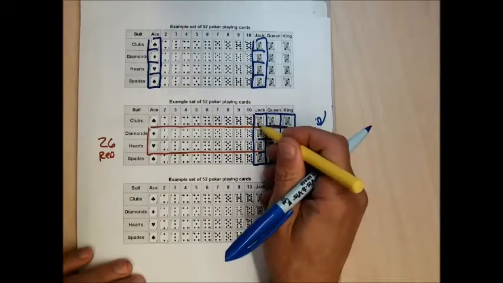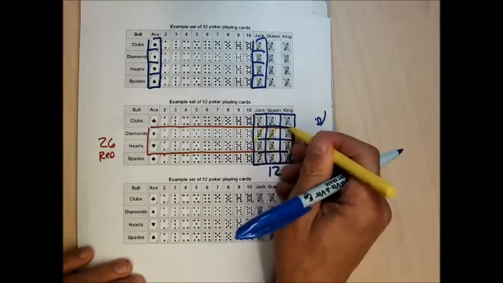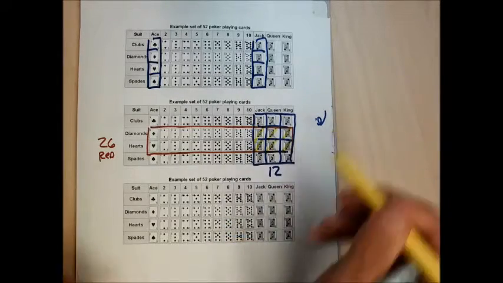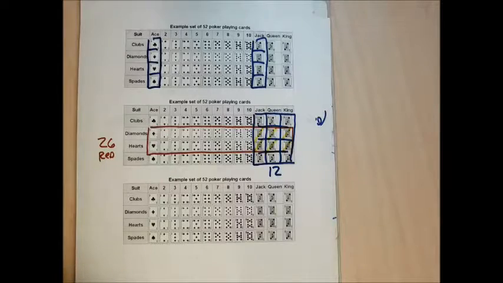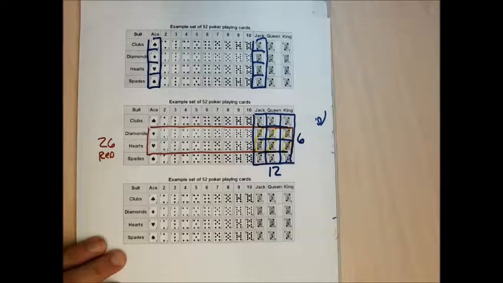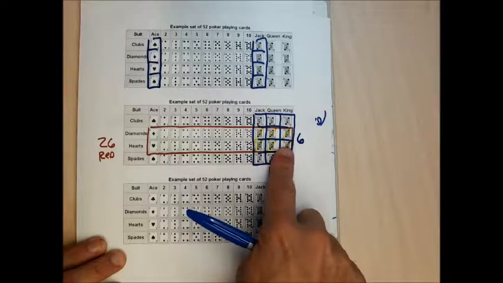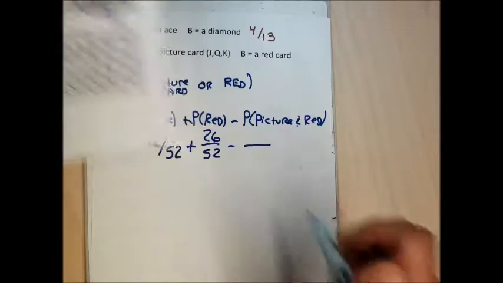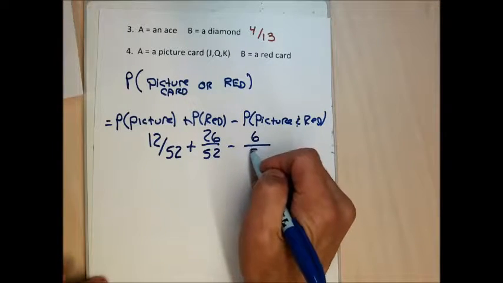I counted the Jack of Diamonds, the Queen of Diamonds, the King of Diamonds, the Jack of Hearts, the Queen of Hearts, and the King of Hearts. I've counted all those twice. So for the third fraction, I'm going to get a 6 in the numerator for the 6 cards that qualify as both a picture card and a red card. So the third fraction I'm going to subtract is 6 over 52.